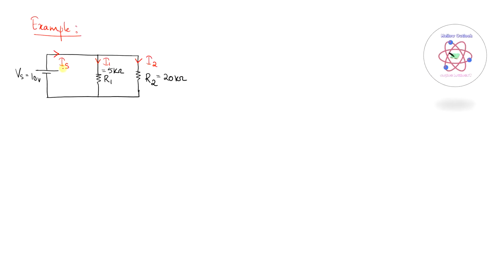Let me consider the source current as 2.5 milliamps. If I am supposed to compute the value of the current I1, I have to compute it as the resistance in the opposite branch, that is R2, multiplied with the source current Is, divided by R1 plus R2.